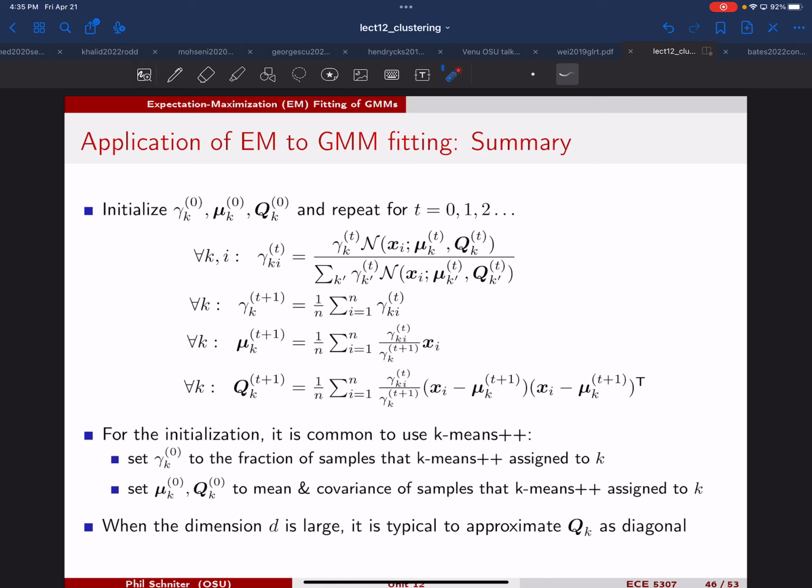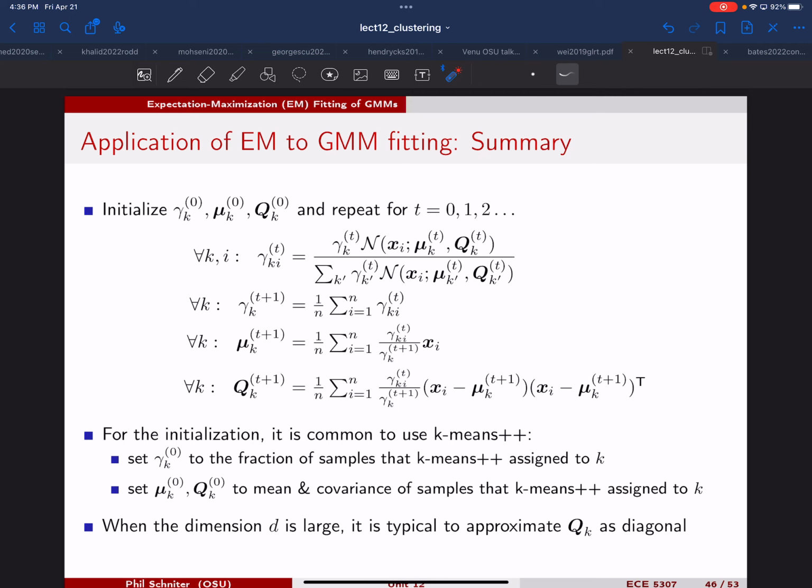Now, it is important to start with a good initialization, otherwise you can get stuck. So it's common to use k-means plus. As we know with k-means plus, you're going to get a vector of clusters, and in addition, for every one of your data points, you get an assignment. You know which cluster it fits into.